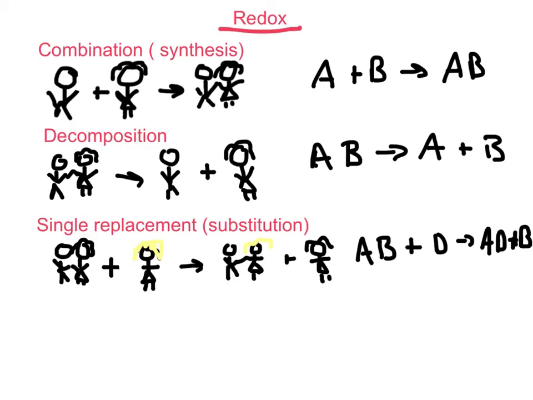Okay, it also can happen the other way where we have a boy and a girl, but this time we have another boy that comes into play, and we'll make him have spiky yellow hair. And the boy gets kicked out. So now we have the boy with the spiky yellow hair with the girl with dark hair.